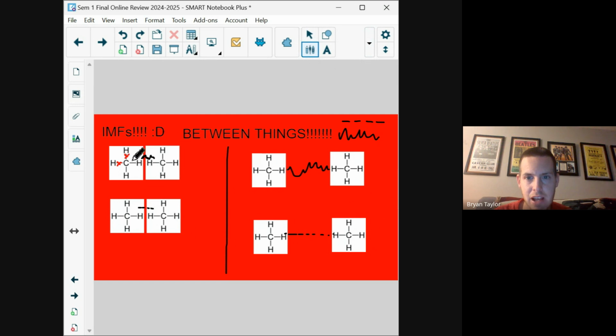These are not the IMFs. These are bonds. These are not hydrogen bonds, which we'll talk about. It's not that, y'all. It's the between. It's the difference between this being a solid and this being a liquid. Liquid-ish. That's what it's between.